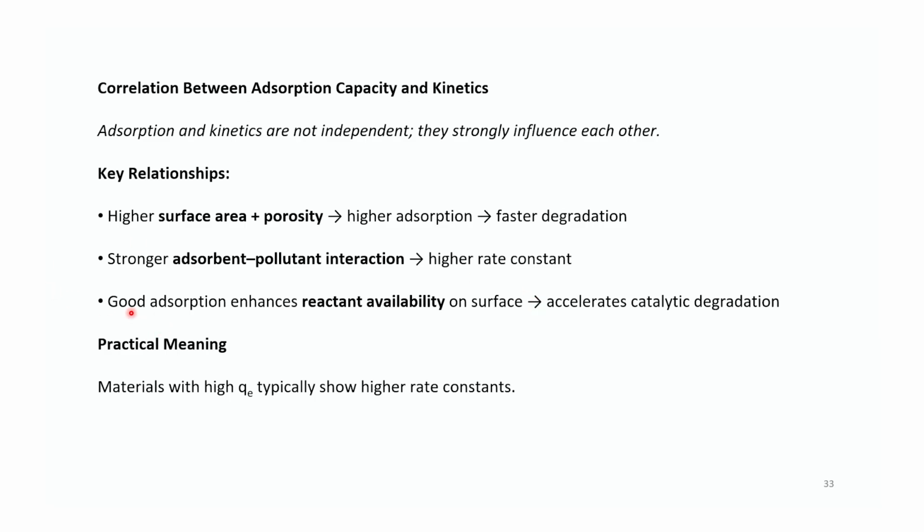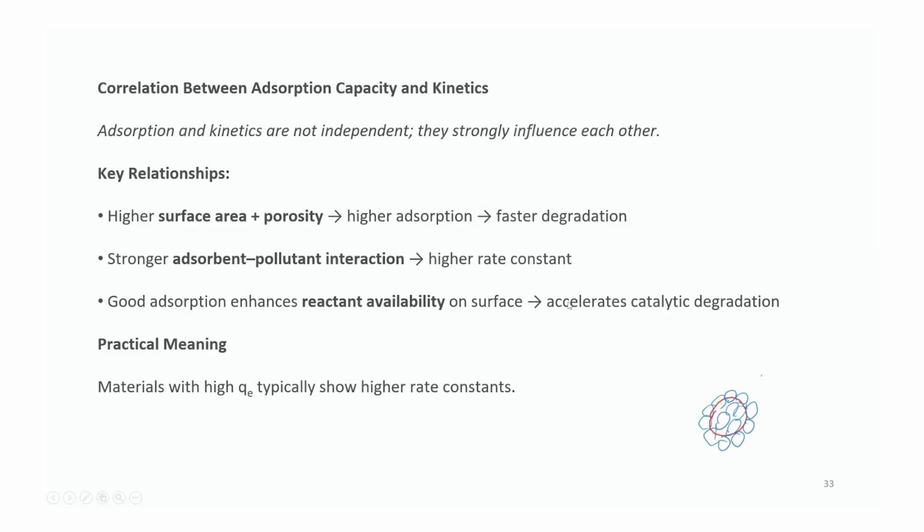So that is what you can conclude, that a good adsorption will enhance the reactant availability on the surface of your nanocatalyst. The smaller the particle, the more will be the surface area, and a good adsorption means these are, let's say, dye molecules being adsorbed on the surface.